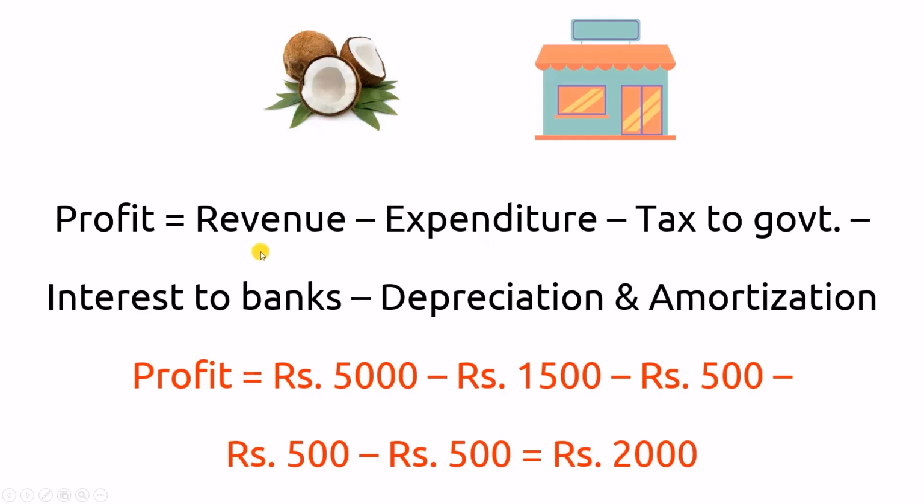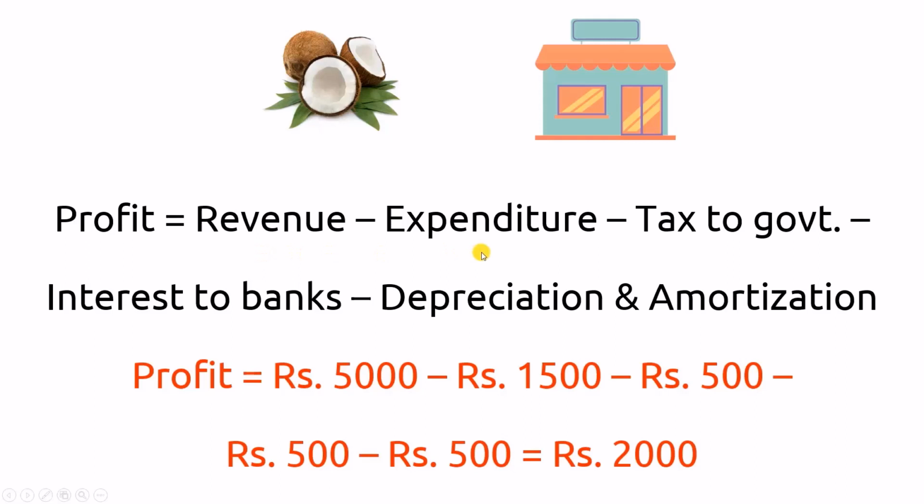Revenue is how much money you get when someone buys your product. When I say someone, not a single person, how much money are you getting every month, let us take, or every year by selling the product? That is revenue. How much do you spend? Expenditure.